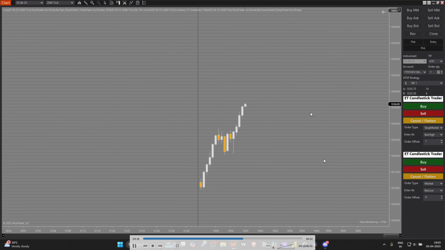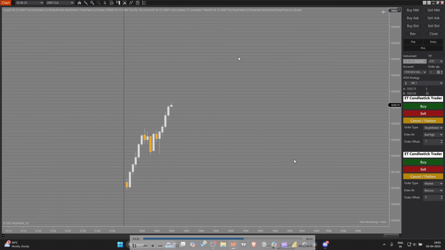Here I was scalping, so I wanted to just get out at 5 points, but the entry was also late and the risk was also huge. So I wanted to maintain that risk reward. And on the first trade, also, I couldn't move my profit target. It just hit as soon as I entered. So I just wanted to reduce that risk and then aim for a higher profit target.